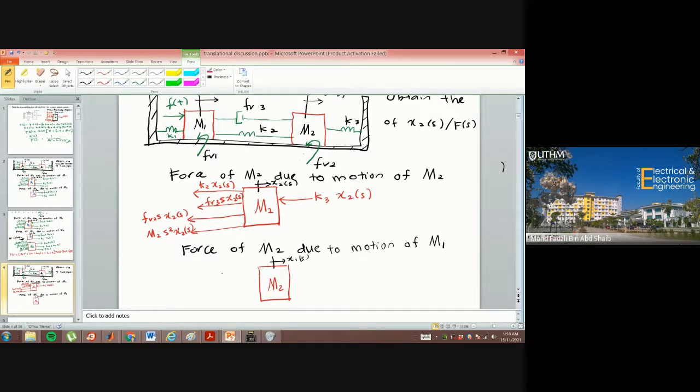So this one, FV3 times S, FV3 times X1S, and we have K2, K2 X1S.